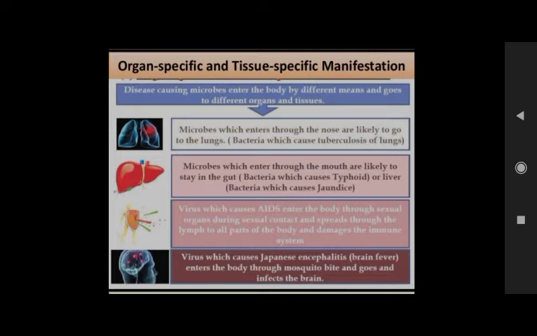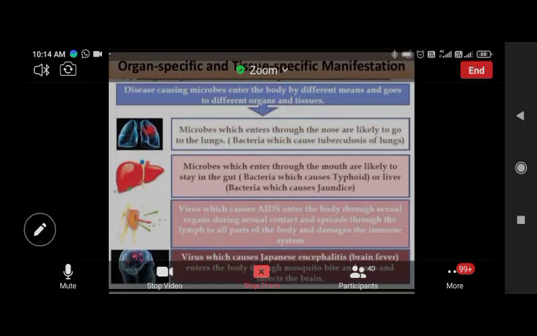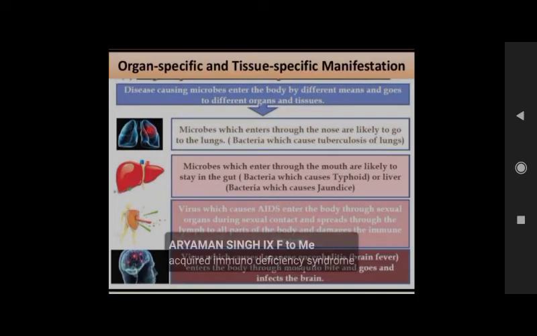Full form of AIDS, you write in the chat box. What is the full form of AIDS?